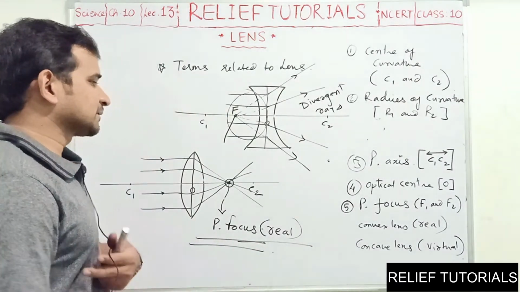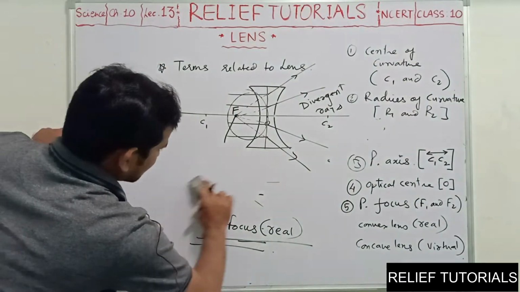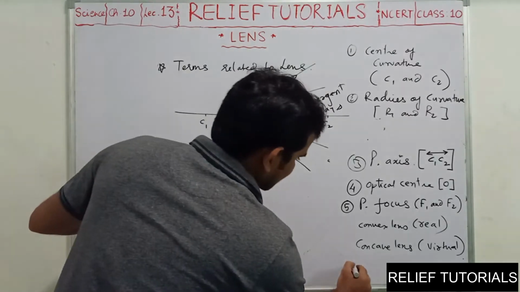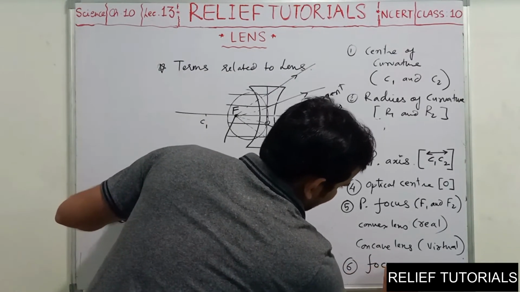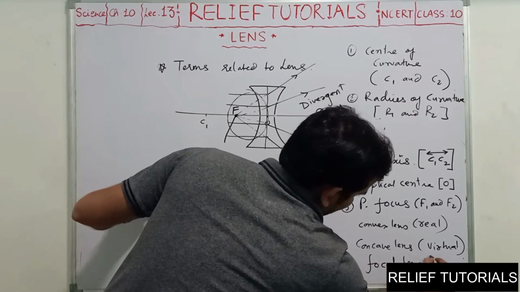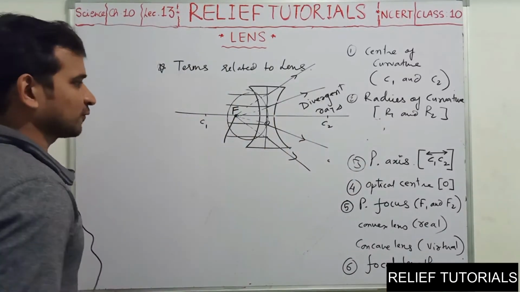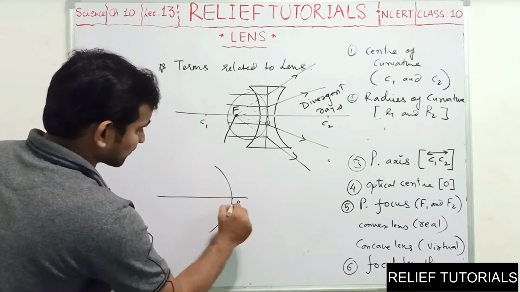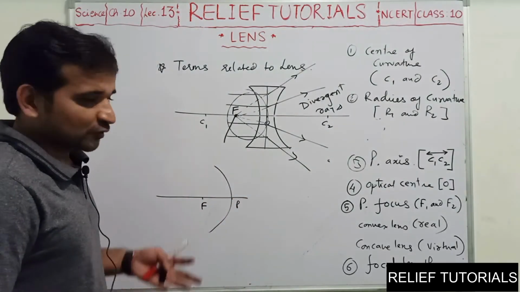And now, based on this principal focus, the last term to remember is focal length. In the case of mirror, if you remember, focal length means the distance from P to F. So here also it is the same.